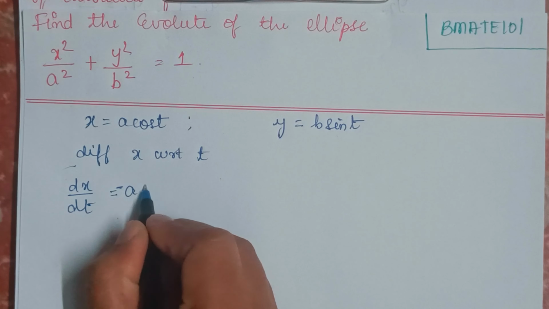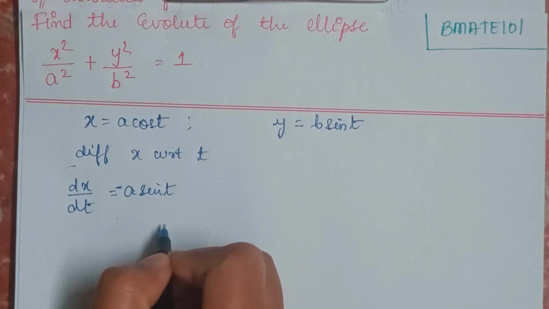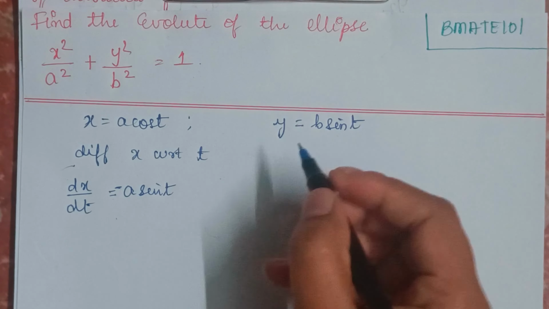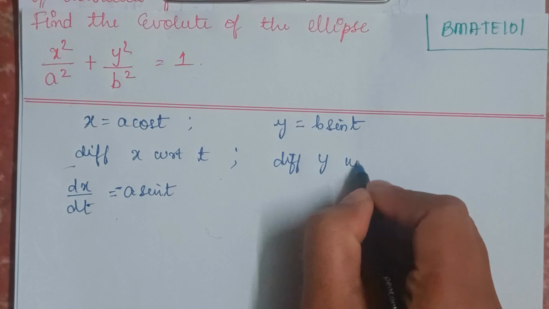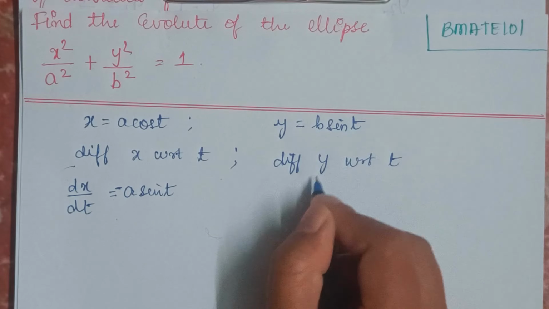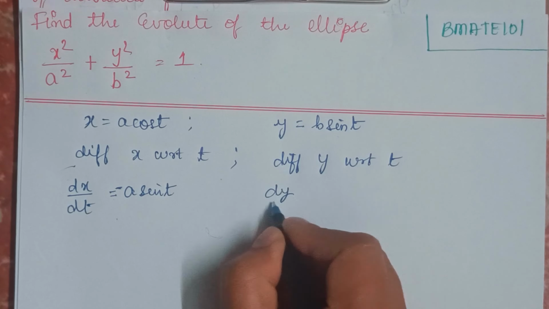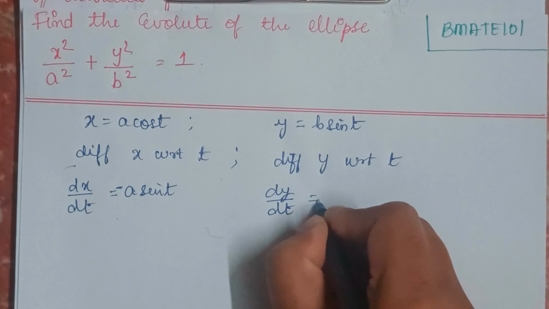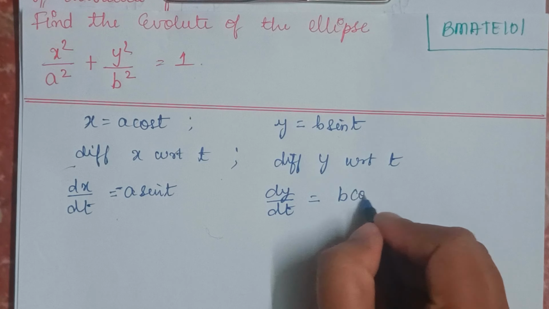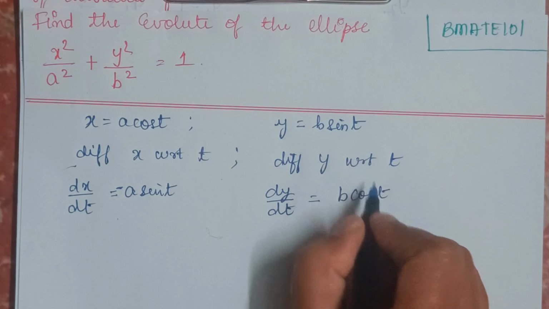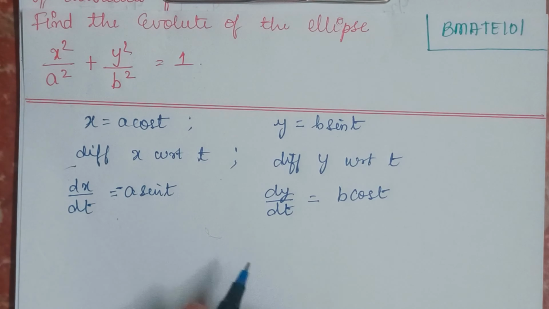So minus sine, and t is the angle. Similarly, differentiate y with respect to t. So if we do that, it becomes dy by dt is equals to b, differentiation of sine is cos, then angle t as it is.